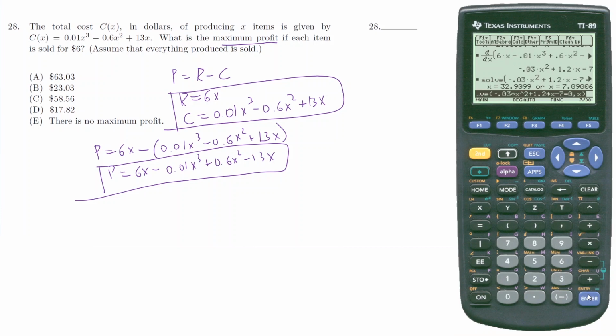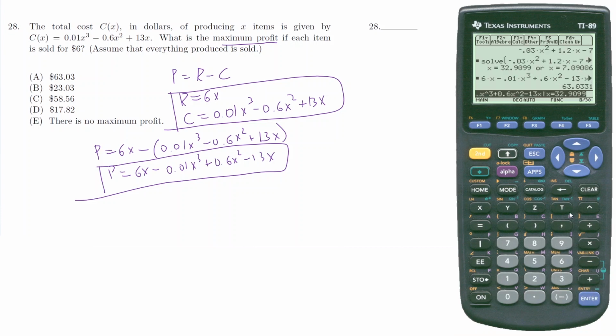So x is equal to 32.7. I do not know and I do not have time to test it. Since I need to maximize the profit, I'll just plug it directly into the profit function. Let me retype it really fast: 6x minus 0.01x cubed plus 0.6x squared minus 13x, vertical bar, x equal 32.9099.